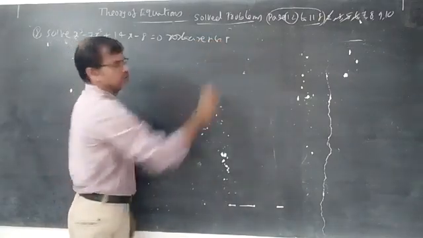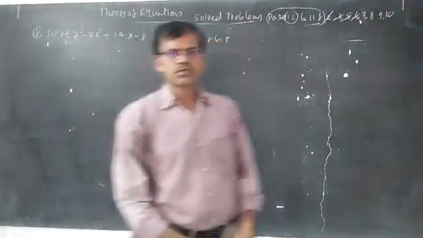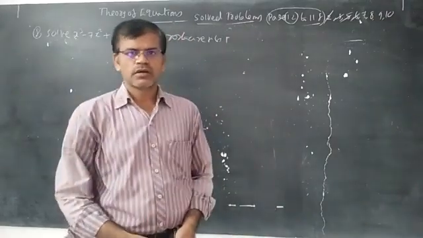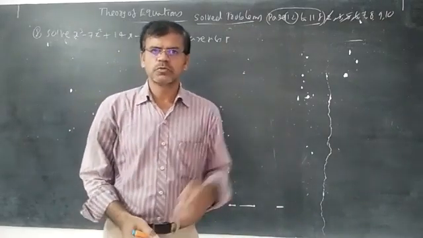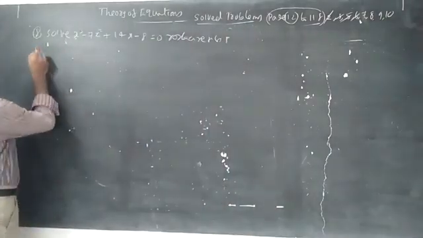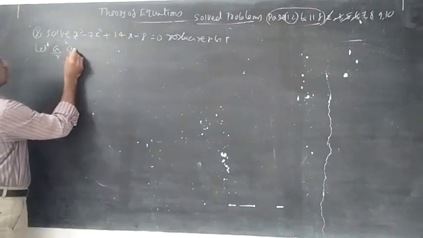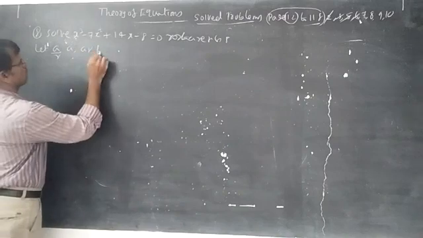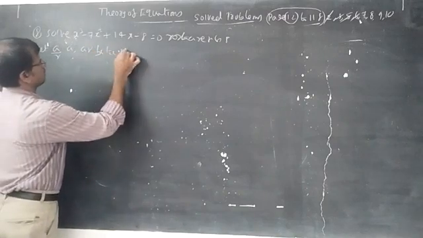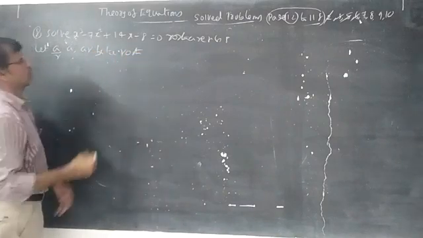Whenever the roots are in GP, for this cubic equation, we can think here, let a by r, a, a r be the roots.